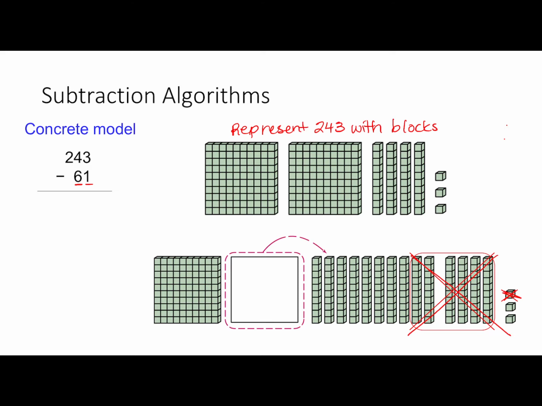So here I have 100, this is 1, 2, 3, 4, 5, 6, 7, 8 tens, or 80, and then 2 ones. So what am I left with? 182, right? 100, 8 tens, and 2 ones.